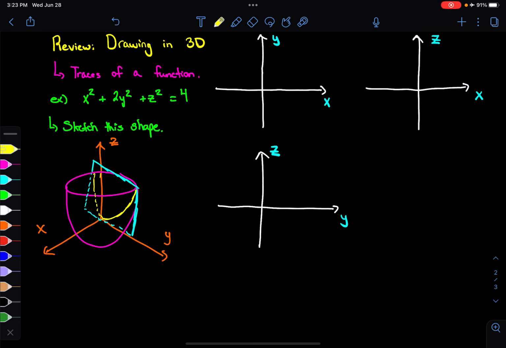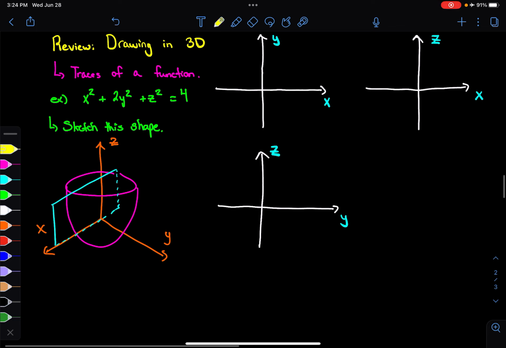We could do the same thing if we wanted to look at it in the xz direction. So maybe we let y equal 0. If we let y equal 0, we're going to see something like this if we take a slice in this direction. We'd see probably something pretty similar, something that looks like this.